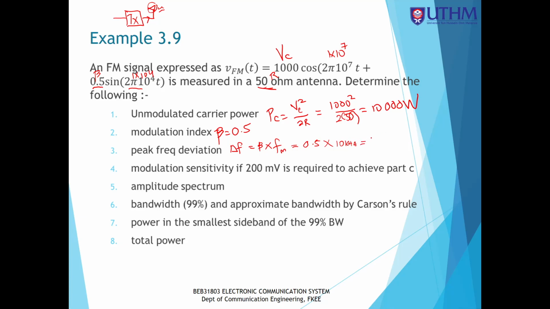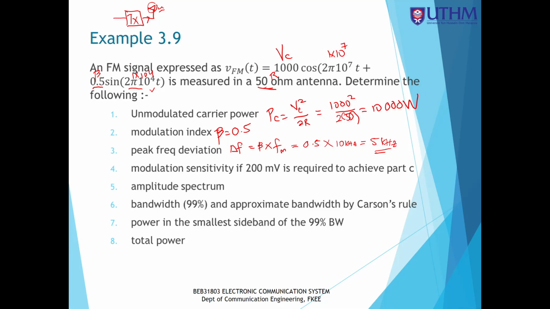So this is equal to 5 kilohertz. The 10 kilohertz is from 1 × 10^4 in the question, which is equal to 10 kilohertz. So delta F, the frequency deviation, is equal to 5 kilohertz. If you don't understand, please ask me a question, otherwise I move to the next question.